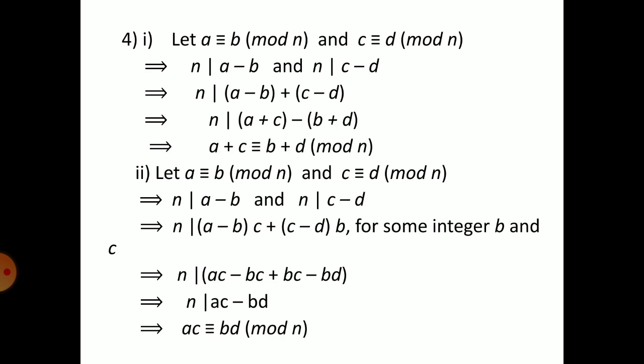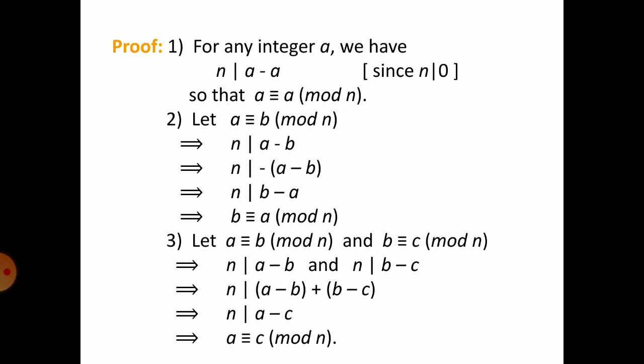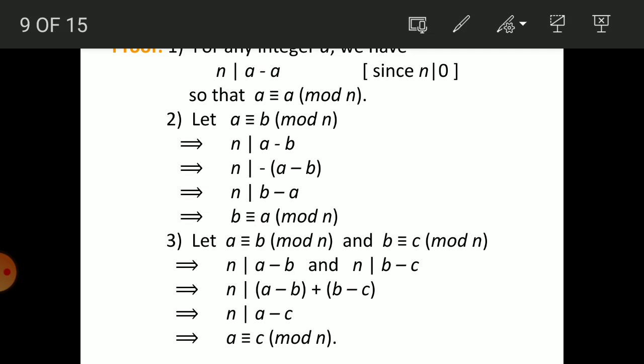Similarly, B is congruent to C mod n implies n divides B minus C. Now n divides A minus B and n divides B minus C. We know that if A divides B and A divides C, then A divides Bx plus Cy. In the chapter on divisibility, we have seen this, taking x and y as 1.